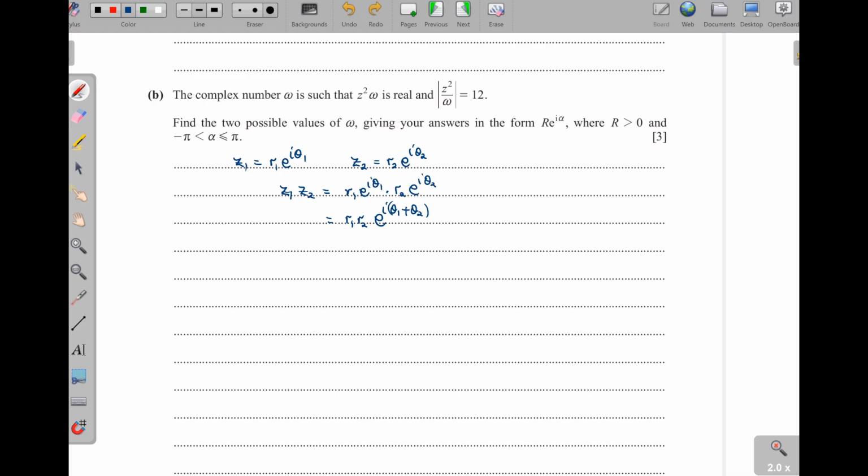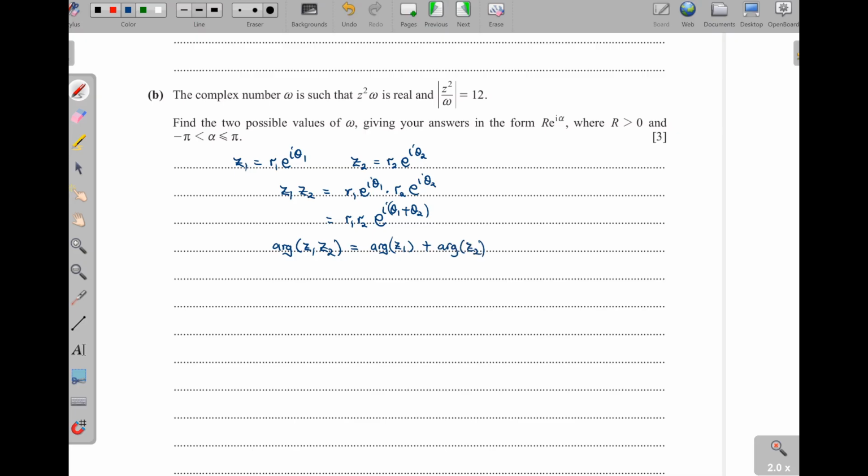So that means this new complex number, which is a product of these two, is going to have the argument theta 1 plus theta 2. You see that? Its new argument is going to be theta 1 plus theta 2. So in fact, let me write it here. The argument of z1 z2 shall be equal to theta 1, which is the argument of z1, plus theta 2, which is the argument of z2.